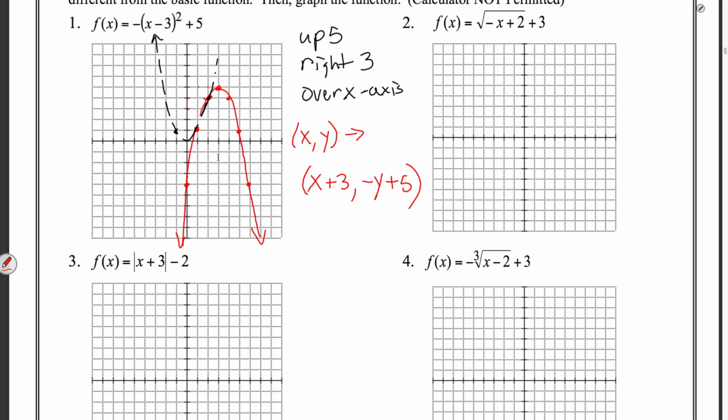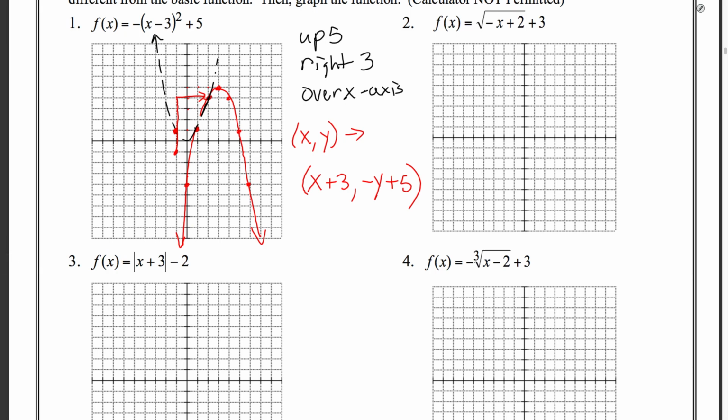And that matches up because if I take this y right here, it's a 1, then I turn it to negative 1, and then I add 5 to it and shift it over 3, it goes right to there. So that works.